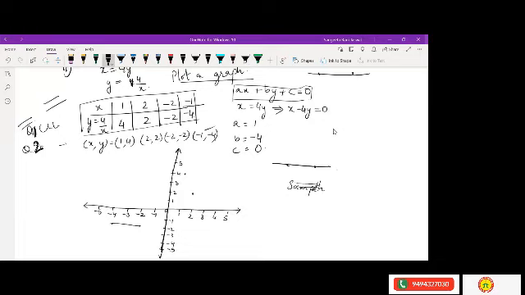But normally for any linear equation we get a linear line. You know why we are not getting linear? What we have done here? We should have taken it this way. Let's try with this way.